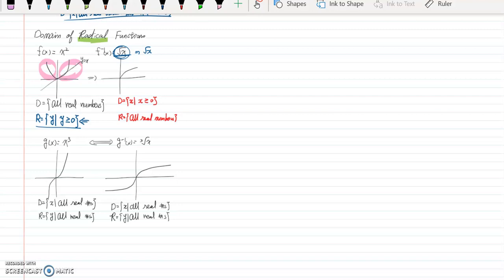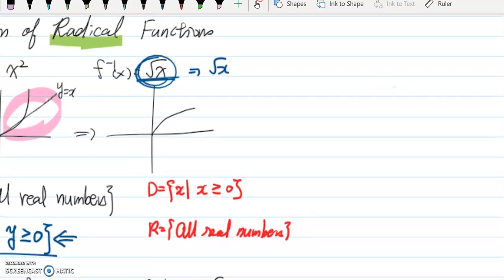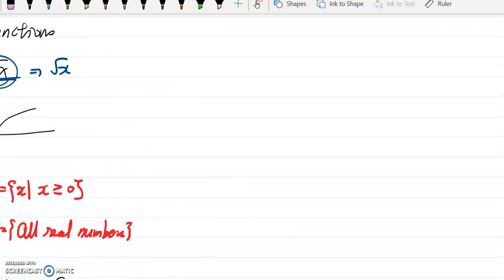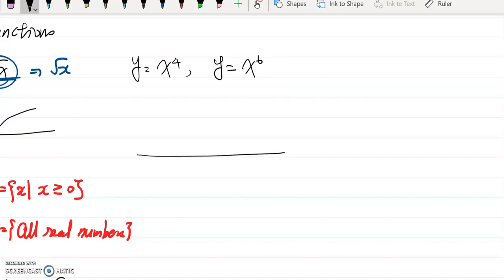And then interestingly, when you find y equal to x fourth or y equal to x sixth, all these graphs, even though their stiffness may be different, are all similar to the y equal to x squared graph.